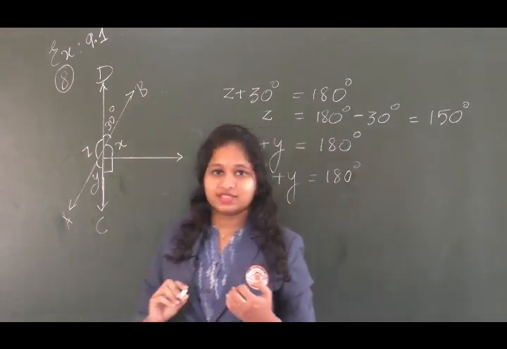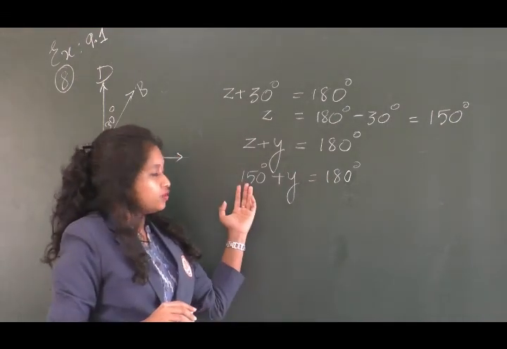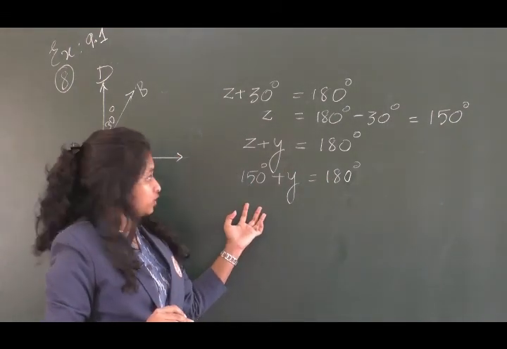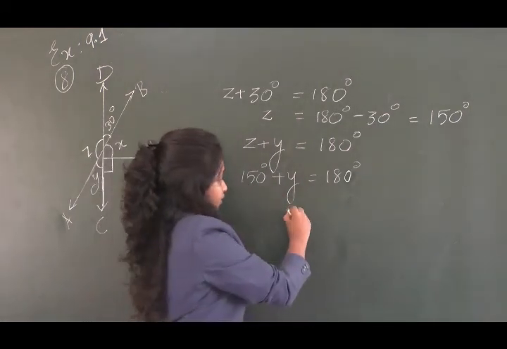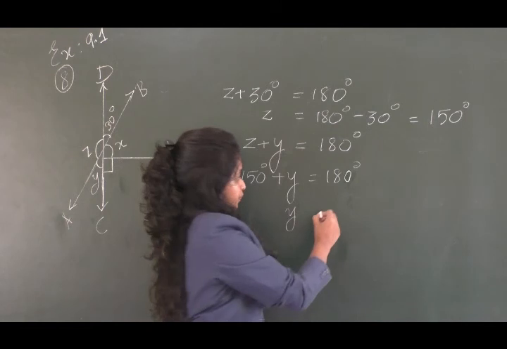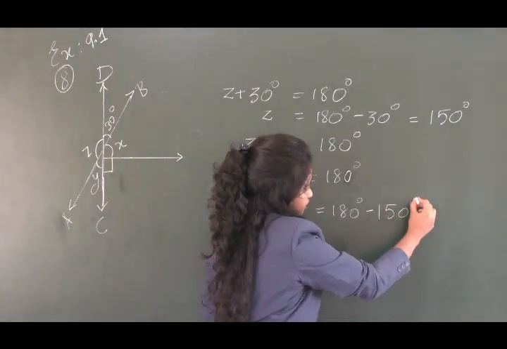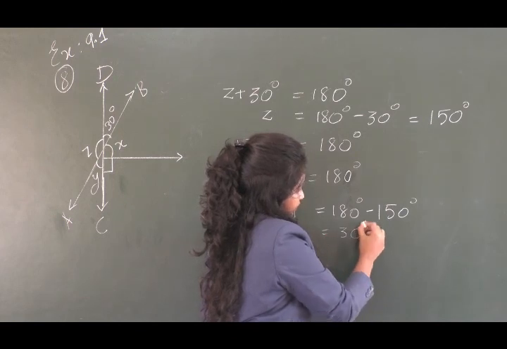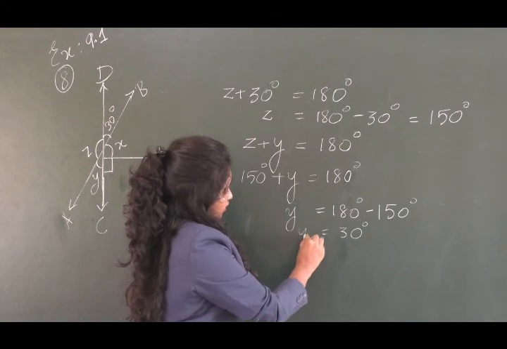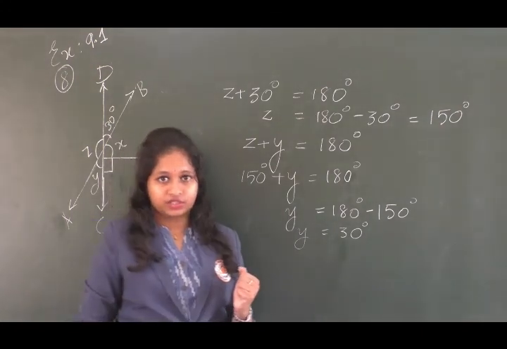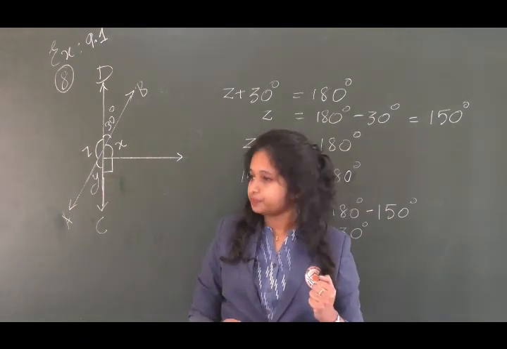So y plus z is equal to 180 degree. We have found the value of z. So we can find the value of y easily. What is y? Y is equal to 180 degree minus 150 degree, which is equal to 30 degree. So y is equal to 30 degree. So we have found y and z.